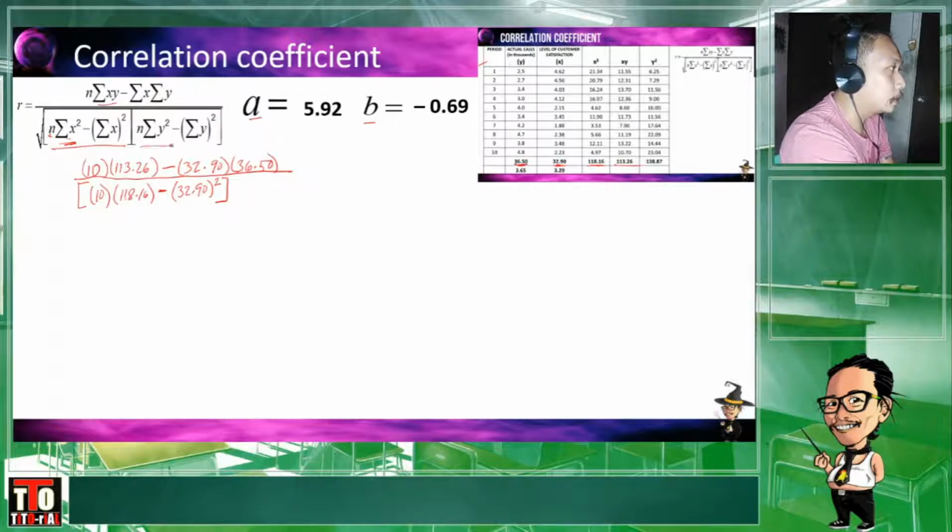So, next part. Okay? Again, we open a bracket. Since we have n, so 10. Then, the summation of y squared. We already have that, which is 138.87.